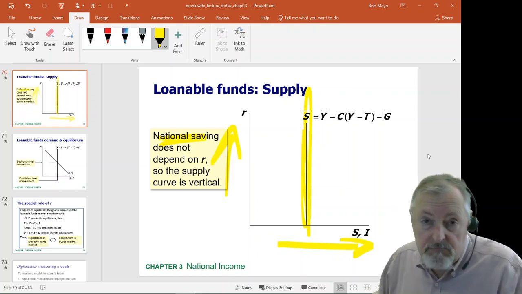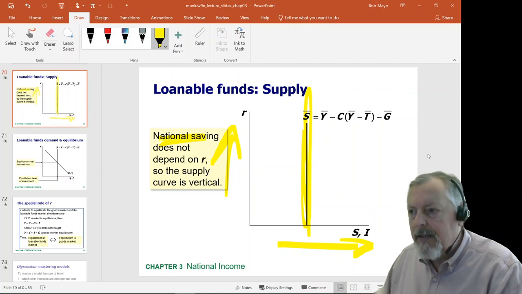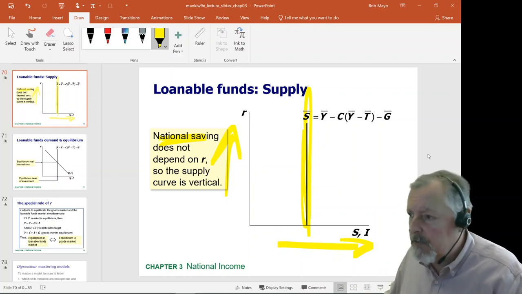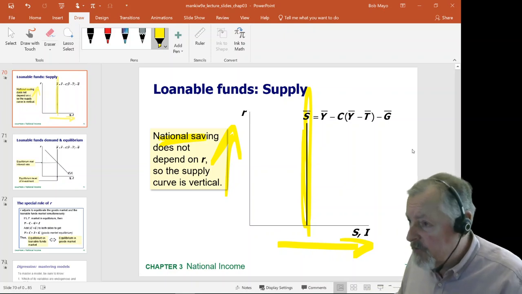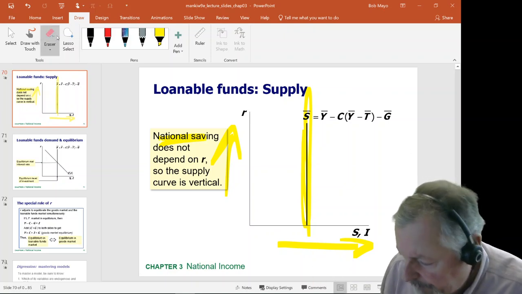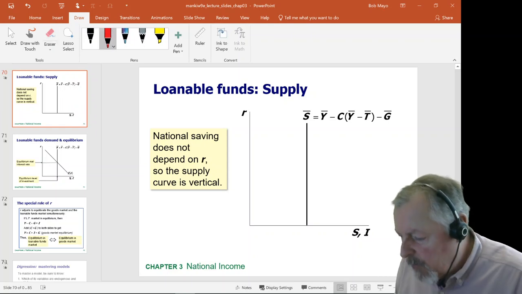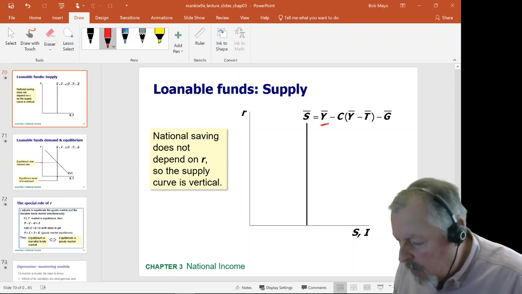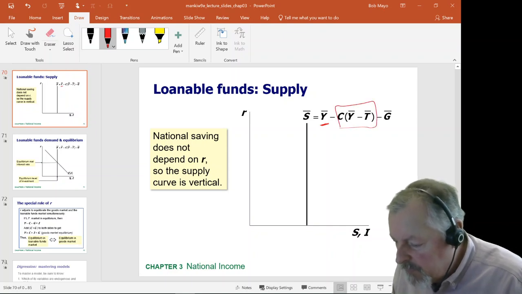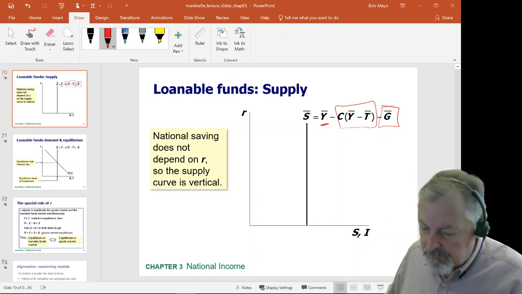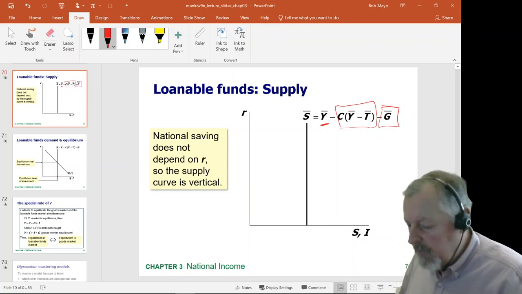That's the interest rate, their price. But we're assuming that the supply here is completely impervious to price. It is completely inelastic. And the supply of loanable funds is all the output of the economy minus consumption minus government. What's left is savings and thus investment.